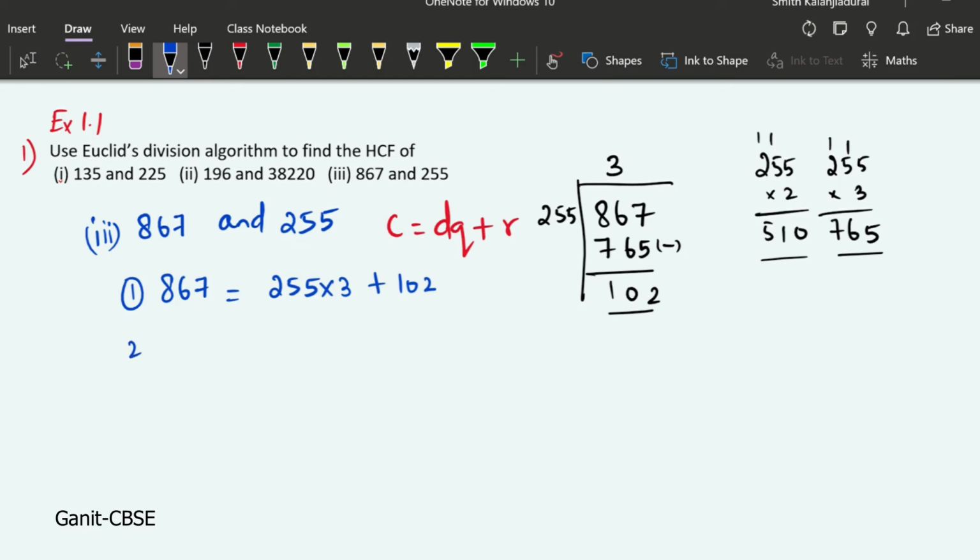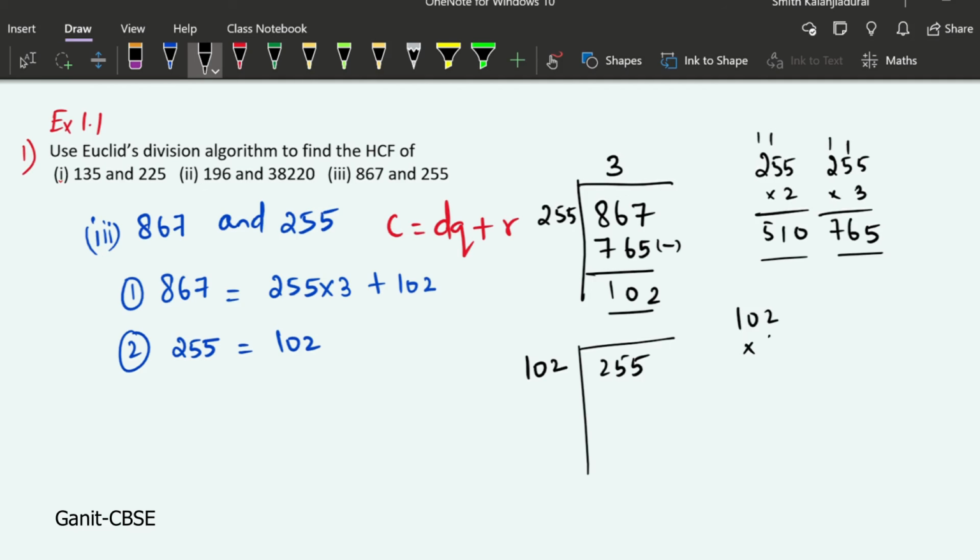Still we didn't get the remainder as 0. Then we can take 255 and 102 and apply the division. 102 times 2 is 204, so we can go with 204. The quotient is 2, remainder is 51.